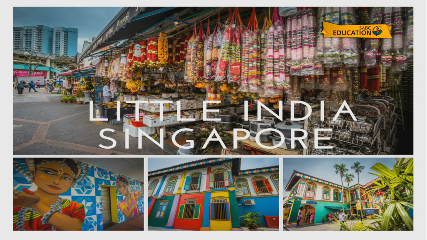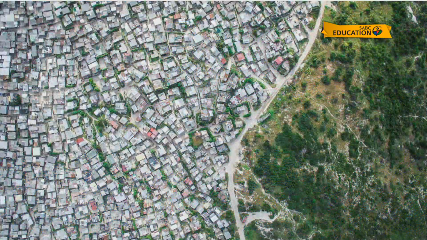The Indians in Singapore live together, and now there are tours to this particular spot. So the choice is a custom, a religion, somewhere where people feel comfortable. Not just a physical choice, not just a situational choice, but there are other choices you can make to settle somewhere.